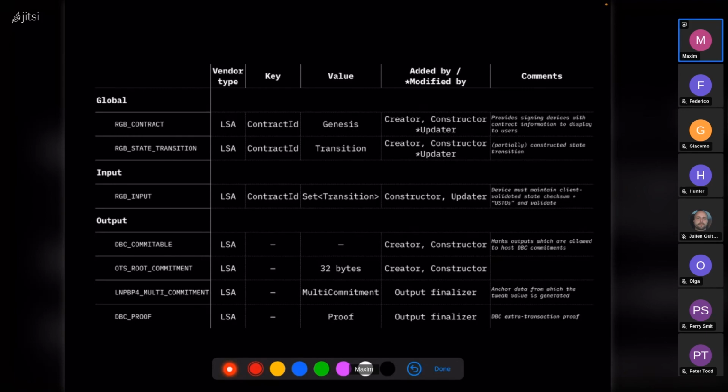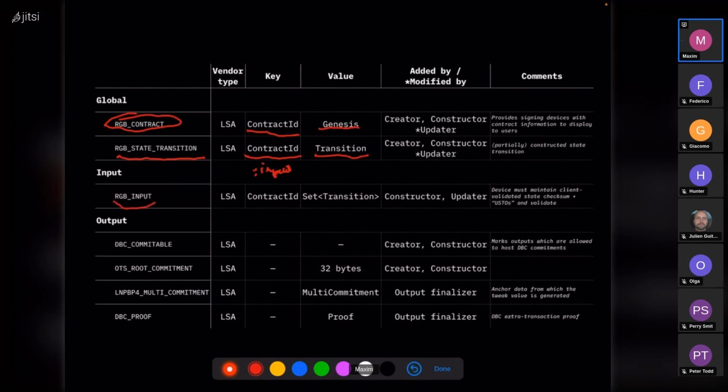So on the global level, the creator adds information about RGB contracts, keyed by contract ID and represented by the Genesis block. And the updater creates state transitions, one per contract ID, and potentially with an input number, because there can be multiple state transitions in the same transaction, one per input, and the actual transition as a value.